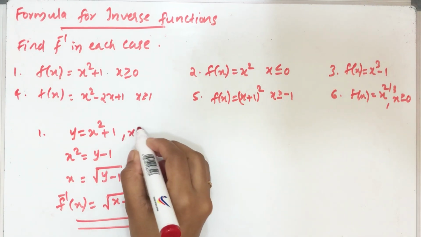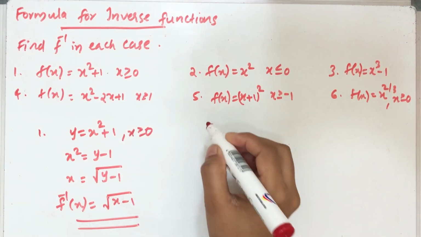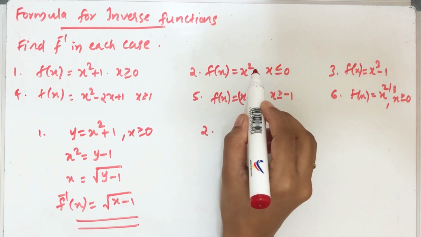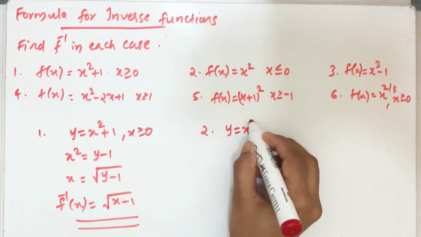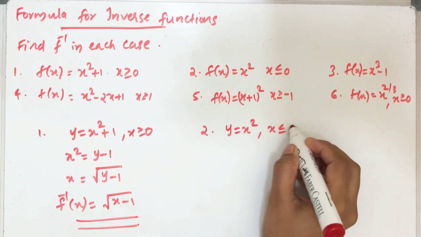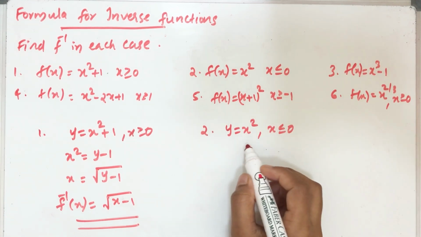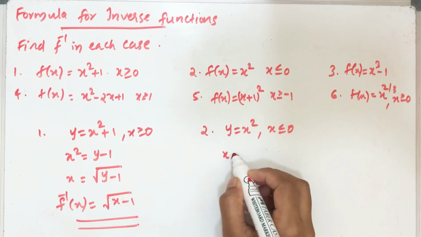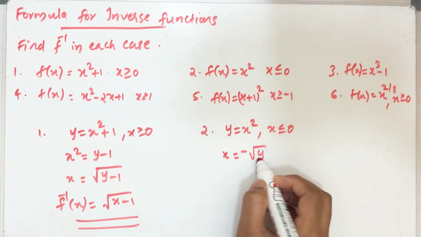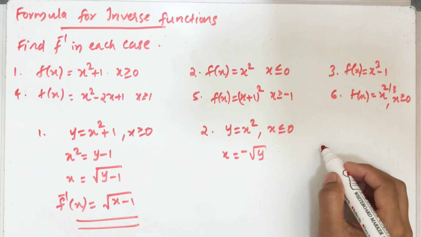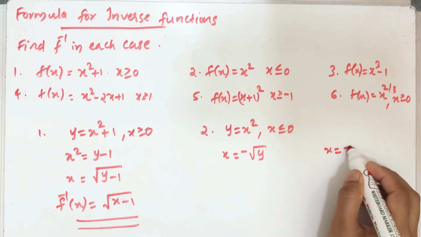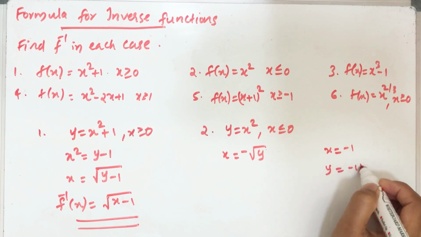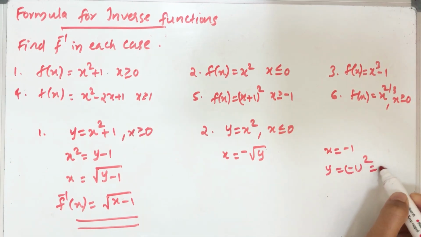Here the domain is x greater than or equal to 0. See, next question, f of x is equal to x square, x less than or equal to 0. Y equal to x square, and we can write x less than or equal to 0. So taking square root, we can write x is equal to minus root y. Here see, if x is less than or equal to 0, if x is equal to minus 1, then y equal to minus 1 square equal to 1.